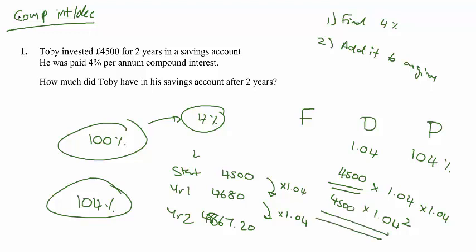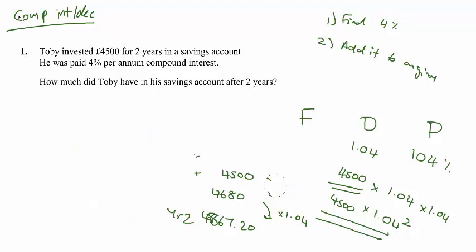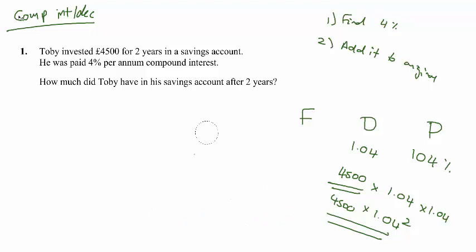Does that make sense? I know I'm going reasonably quickly. If this question said he does it for 8 years, you start with 4,500, times by 1.04 to get to year 1, then 1.04 again for the second year, and so on.